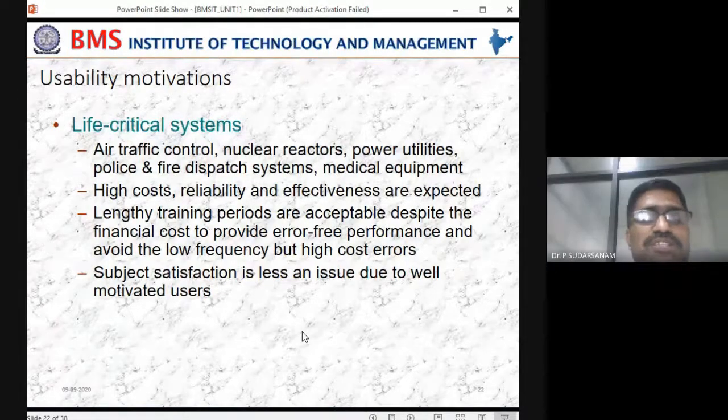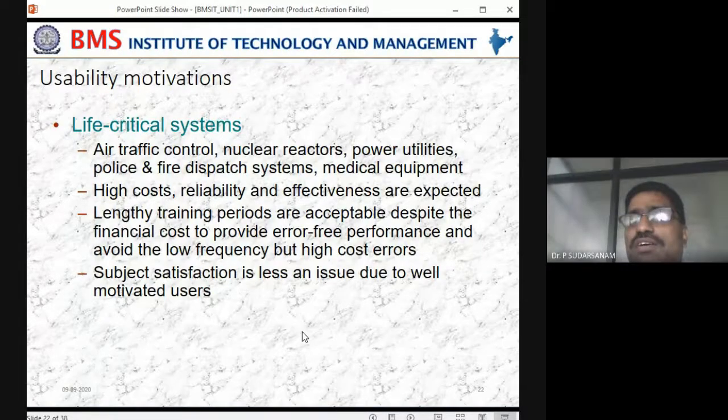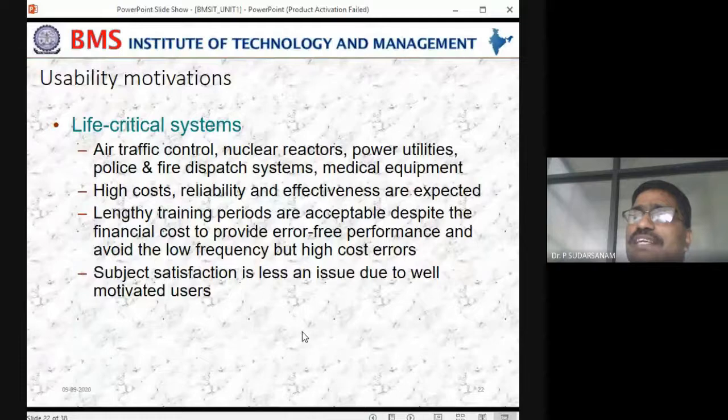No problem. So the next one is high cost, reliability, and effectiveness are expected. All these things you need to take care of. High cost, reliability, and cost effectiveness, all these things you need to consider when you are doing any business. Reliability is also important.